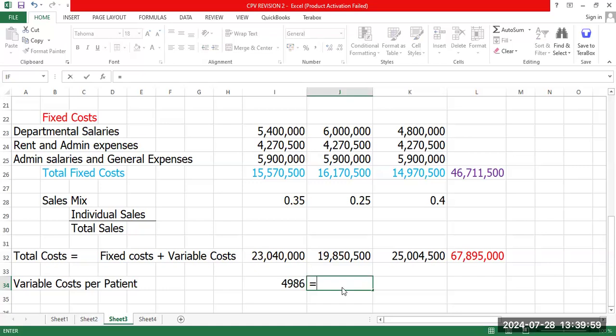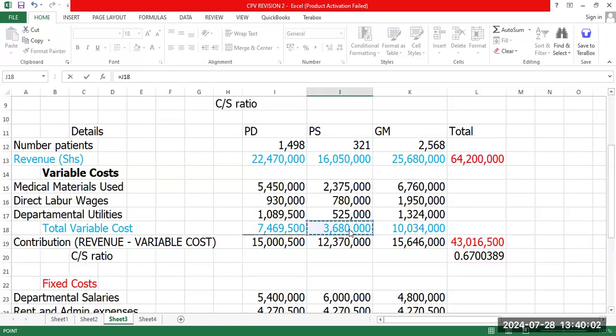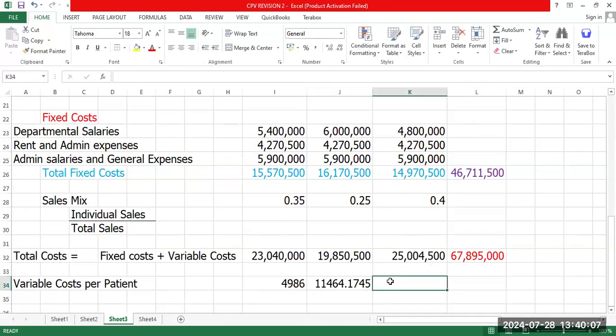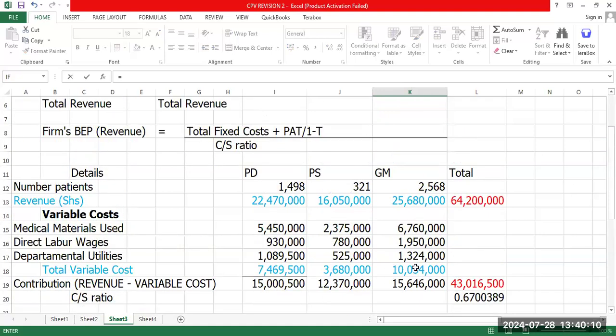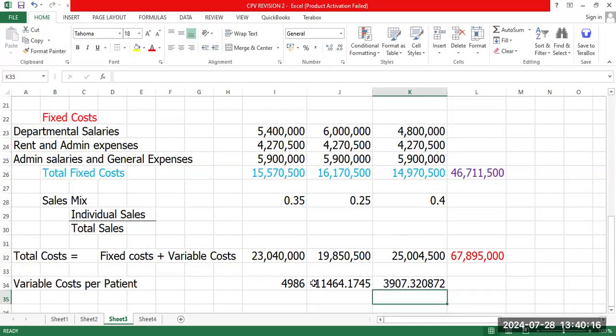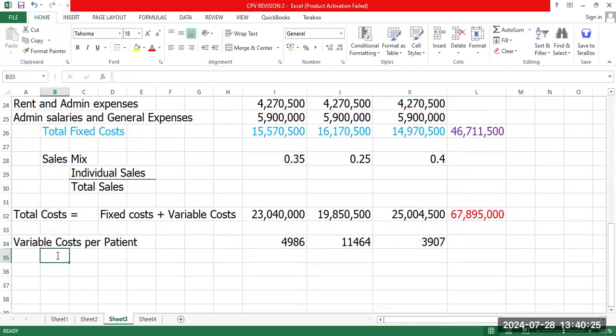Then I do the same here, total variable cost divided by number of patients. Okay. First do that. Then once I have that, I attach here the break-even point in terms of patients.